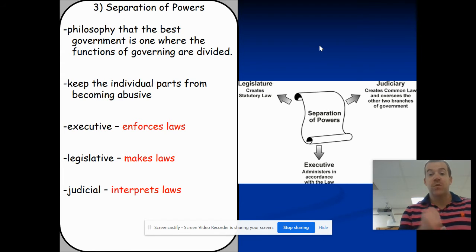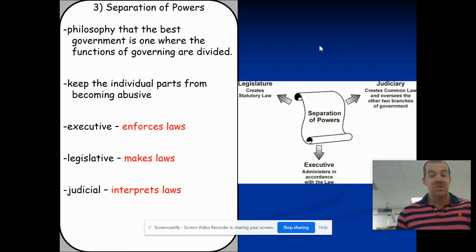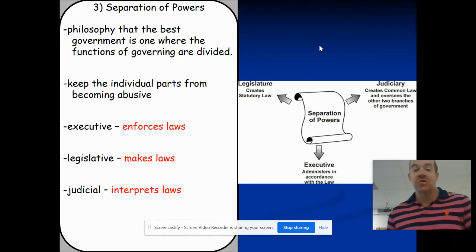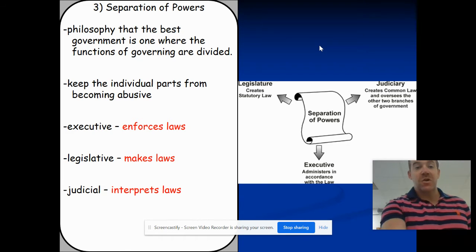He or she is the one enforcing the law. The legislative branch, meaning Congress, is the paper. They're the ones making the laws. And then the judicial branch, being the Supreme Court, can cut out the law. They can declare it unconstitutional. So they interpret the law.